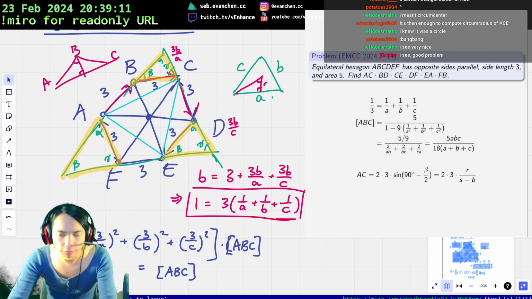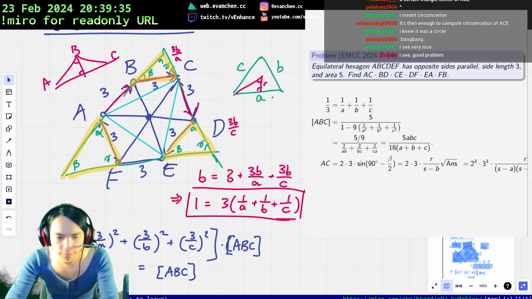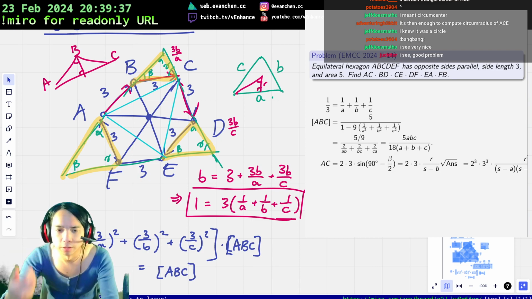So the desired quantity, the square root of the answer, is then equal to something like 2 cubed times 3 cubed times r cubed over s minus a, s minus b, s minus c, which will then equal 6 cubed times, so the bottom thing is the area.